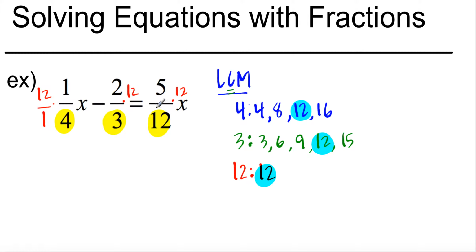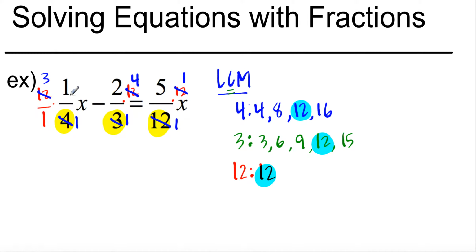So what we're going to do is cross simplify each one of these fractions. In other words, 4 goes into 4 one time, 4 goes into 12 3 times. 3 goes into 3 one time, 3 goes into 12 4 times. 12 goes into 12 once, and 12 goes into 12 once. So those 12s cancel out.